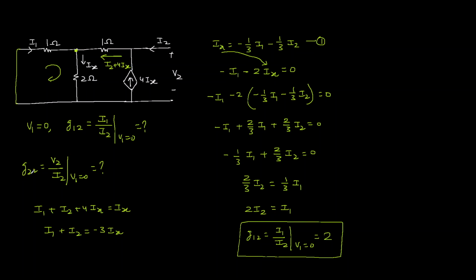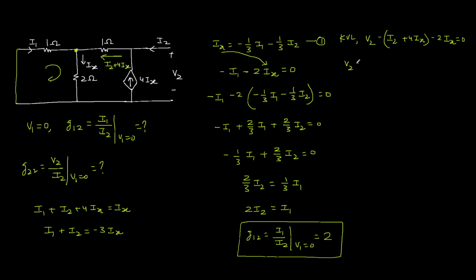Now let's find G22, which is V2 over I2. For that purpose, let us apply the KVL in this loop. Rise in voltage V2, and then drop across the 1 ohm resistance, which is minus I2 plus 4Ix, and then drop minus 2Ix, drop across the 2 ohm resistance.